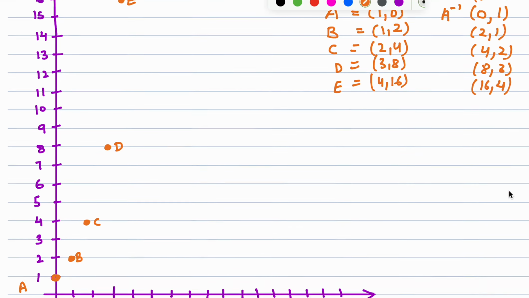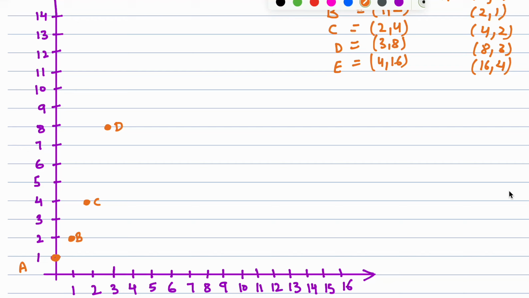So if I just plot them, A inverse is 0, 1. Okay, let's change the color. A inverse is 0, 1. B inverse is 2 and 1. C inverse is 4 and 2.